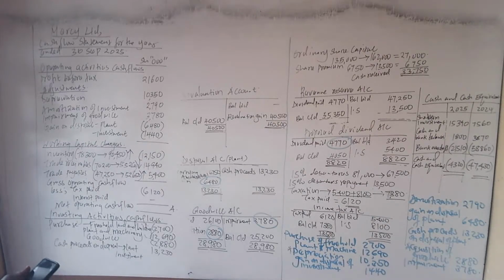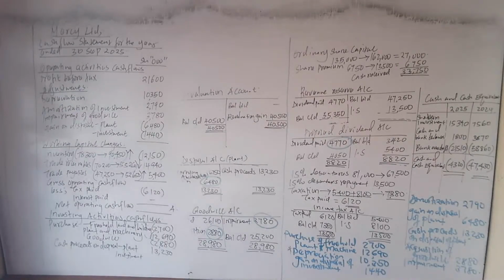For the investments, we had cash proceeds of how much? Let me see the notes on the investment so that we can see what the examiner was talking about. You are told that during the year ended 30th September 2025, part of the investment was sold at 1,440, at a profit.